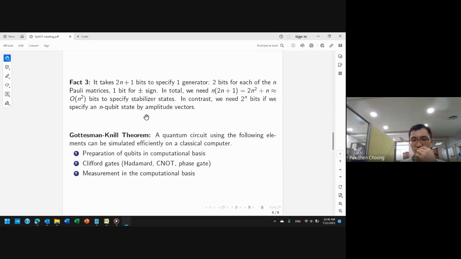So then we can try to calculate how many bits we need to specify stabilizer states based on the stabilizers.